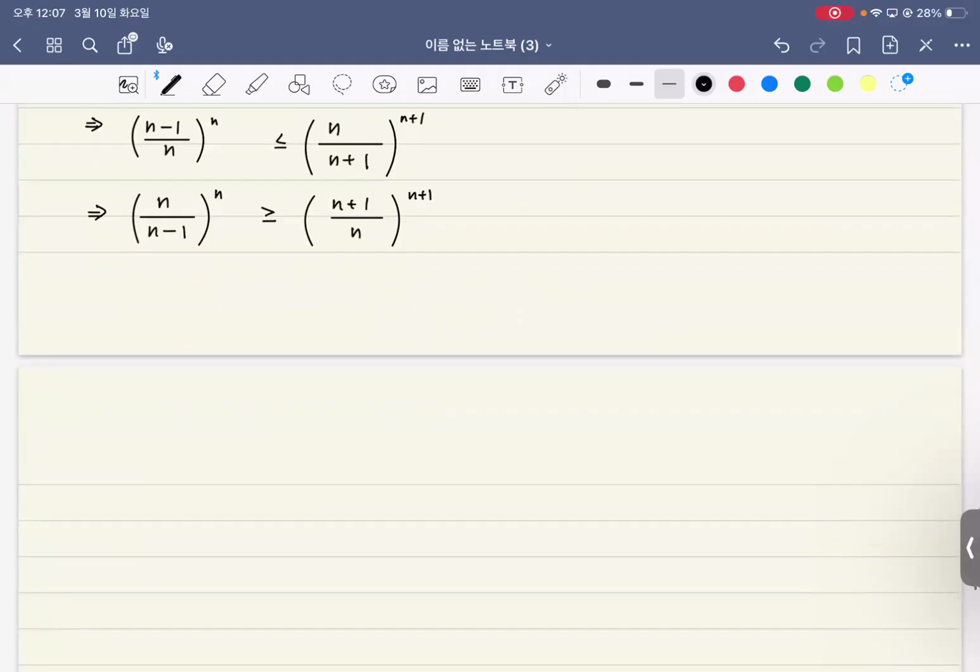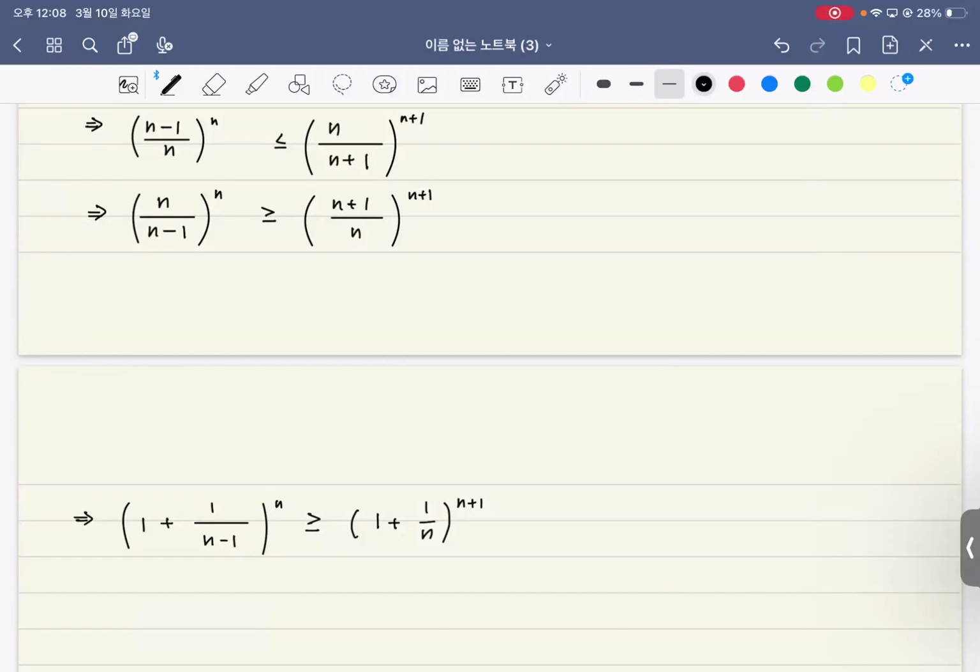And this final inequality is 1 minus 1 over n minus 1, and to the n is greater than 1 over n to the n plus first power.